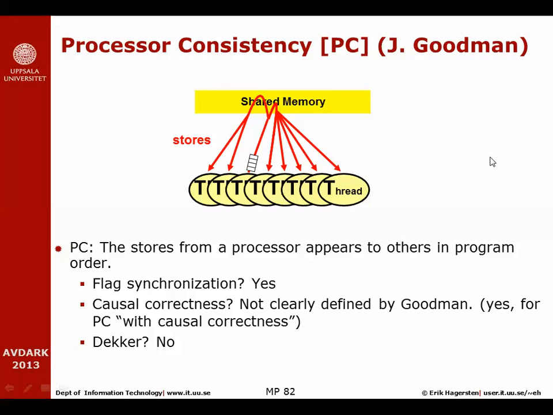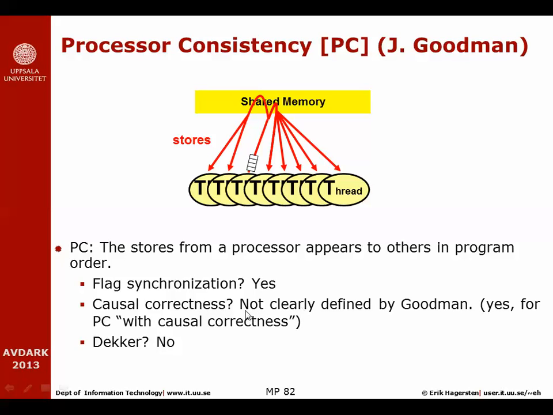That means that flag synchronization works, because you write A and then you write flag. That means that the change to A must be seen by everybody before they can see the change to flag. It's not clear whether causal correctness would work.